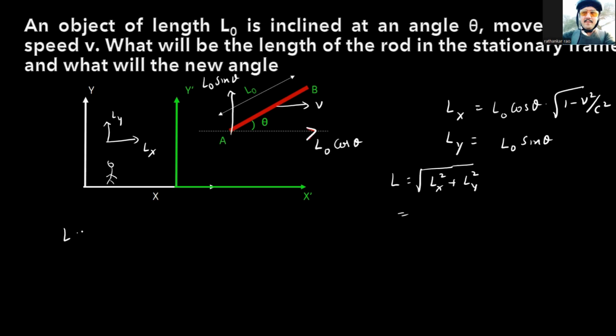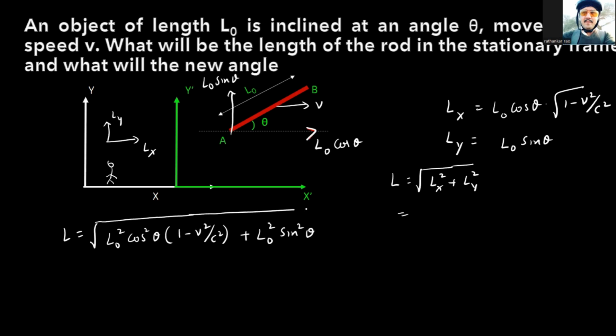I can now write L is equal to square root of, for Lx square, L naught square cos square theta into 1 minus v square by c square, plus this Ly square, which is L naught square sin square theta.